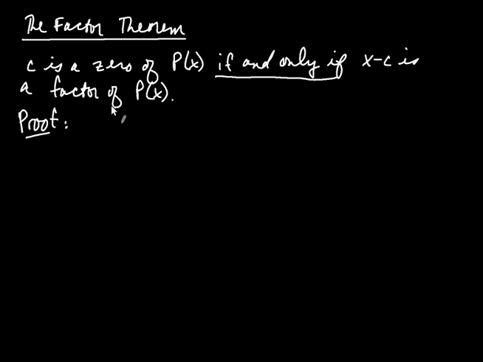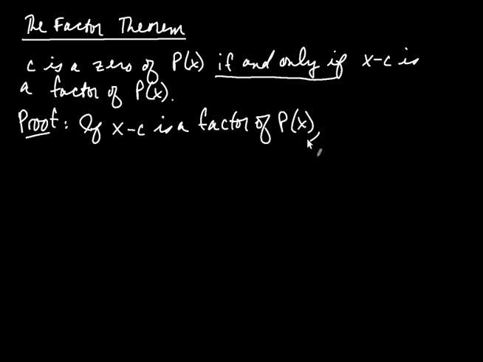So we'll start first by assuming x minus c is a factor of p of x. So if x minus c is a factor, this is the easy direction, then what does that imply? Well, that implies that p of x can be written as q of x multiplied by x minus c. Why?